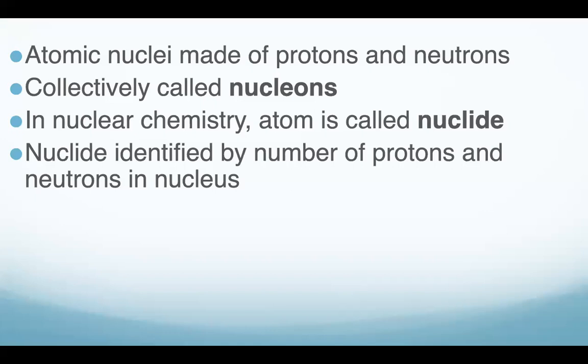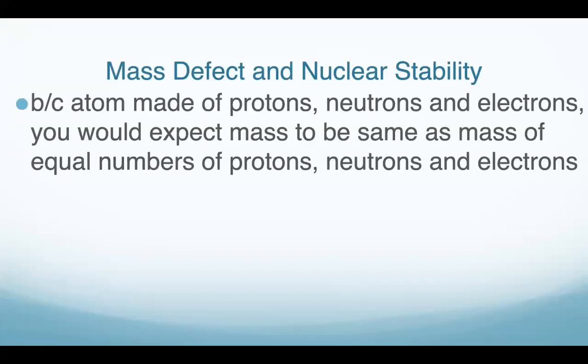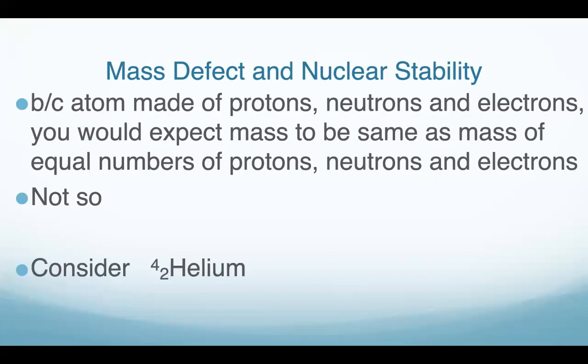So a nuclide is identified by the number of protons and neutrons in a nucleus. So it's not just about atomic number, but it's also about atomic mass as well as atomic number. Because atoms are made of protons, neutrons, and electrons, you would expect the mass to be the same as if you added up all of the protons, neutrons, and electrons, but that turns out not to be the case.